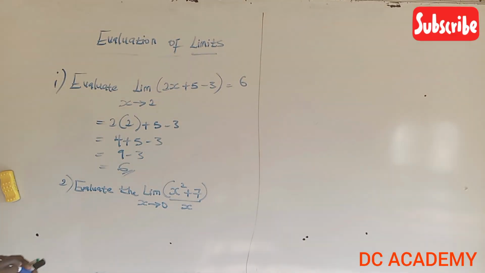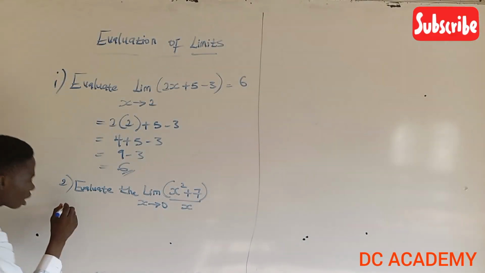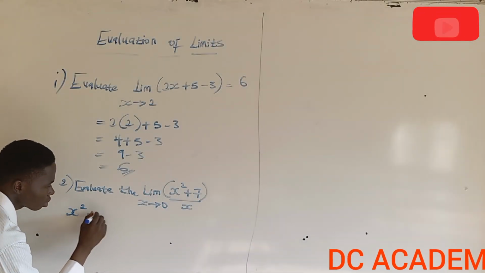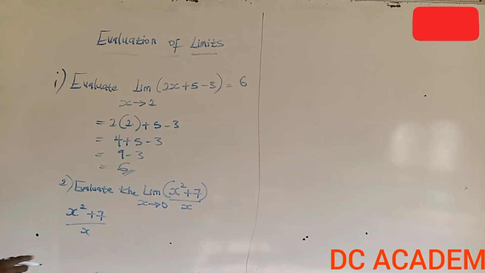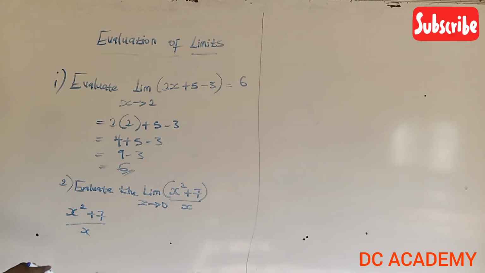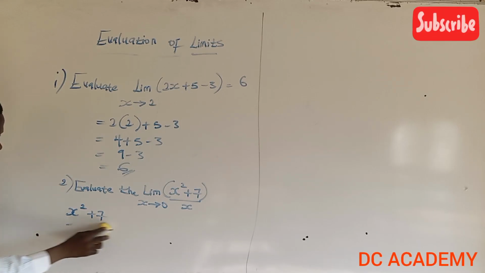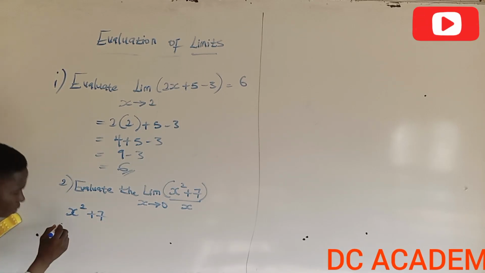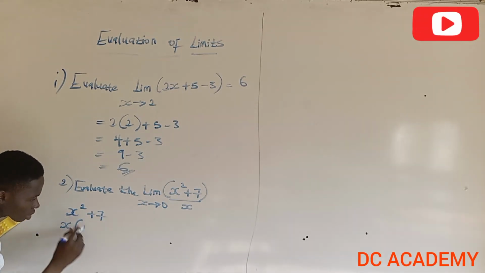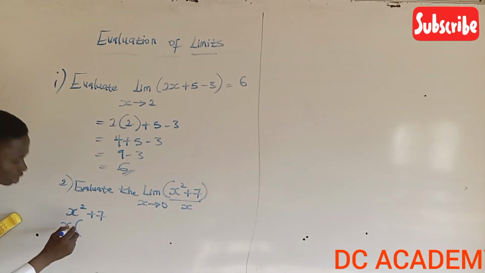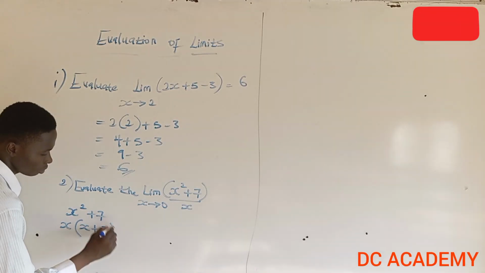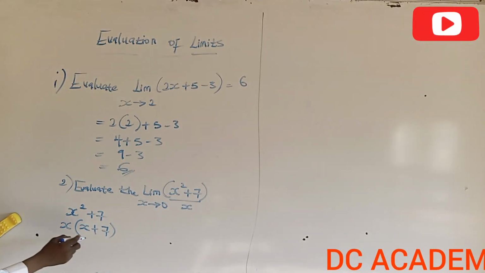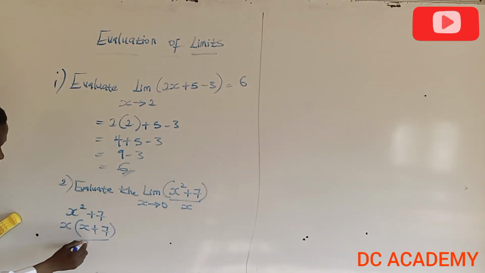Now, when you have something like this, x squared plus 7 over x, we have x squared, right? You can just factor x out. If you factor it out, we're going to have x times x plus 7, all divided by x.